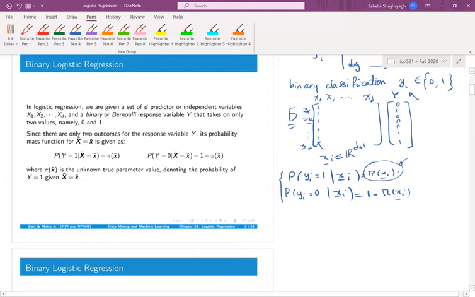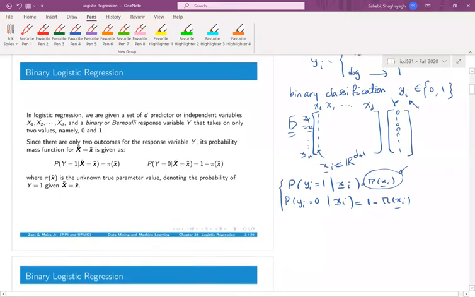Now, some of you may ask, why aren't we applying linear regression directly and finding these yi's that way? The problem is that when you apply linear regression to your data, what you get is a numeric value. So your prediction is not just a binary 0 or 1. Your prediction can be 0.45, it can be 1.2, or anything like that.